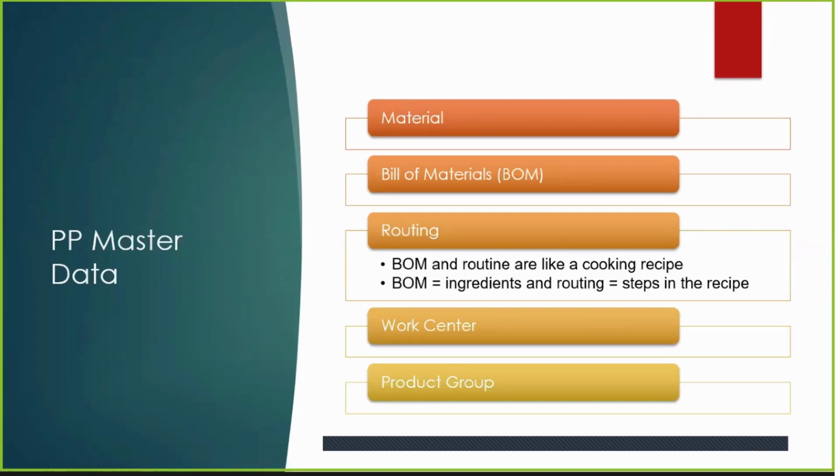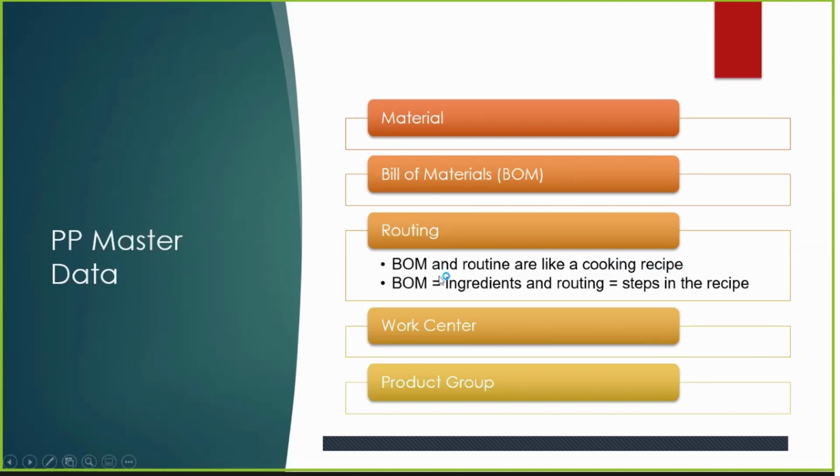So the different types of master data, sorry, not material, that you will use in production planning. First, you will use the material. You will use the bill of material, I will explain later what is bill of material, and the routings. They say the BOM and the routing are like a cookie recipe.